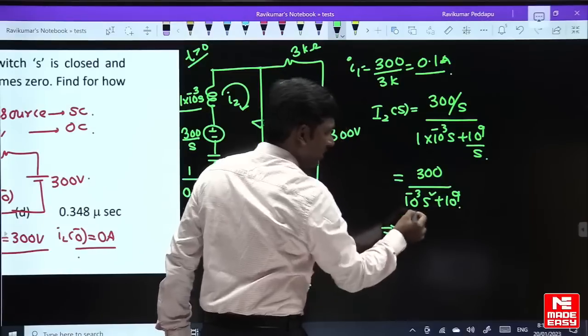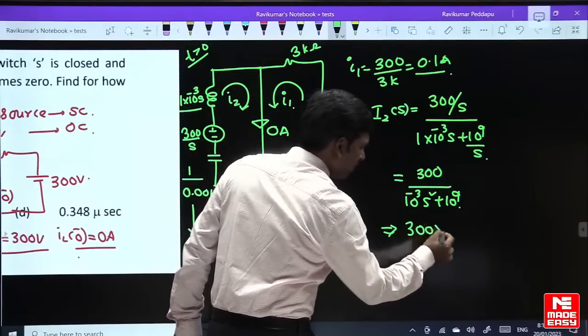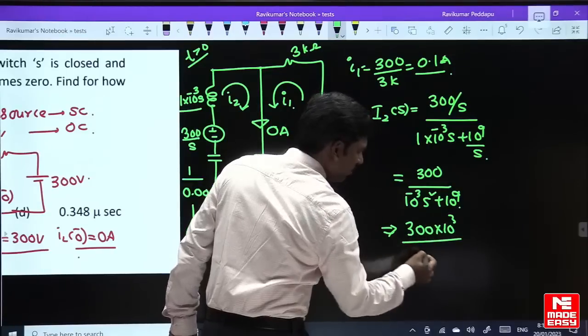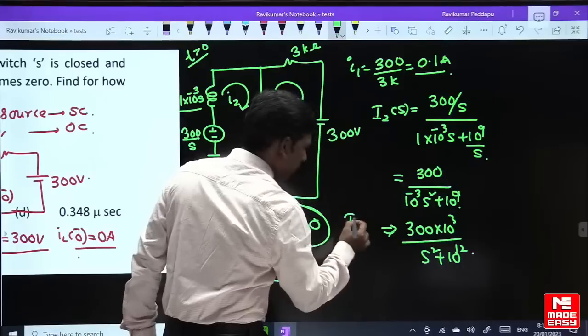Take 10 to the power of minus 3 common, so 300 into 10 to the power of 3 by S square plus 10 to the power of 12. This is I2 of S.